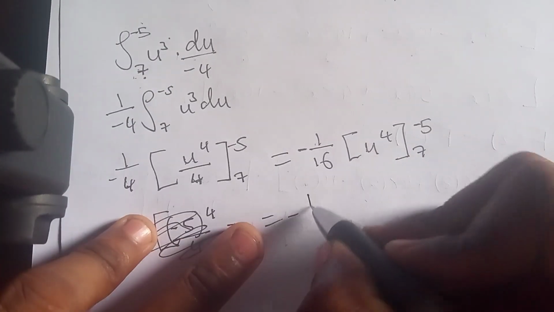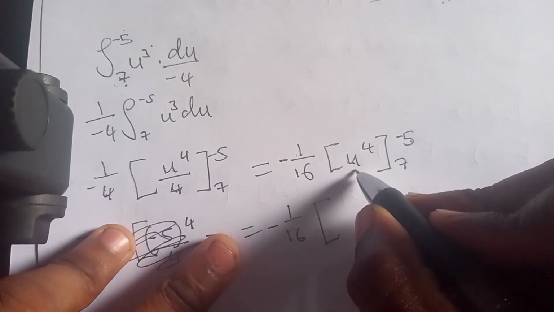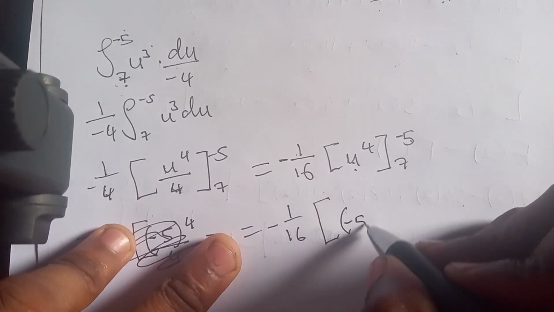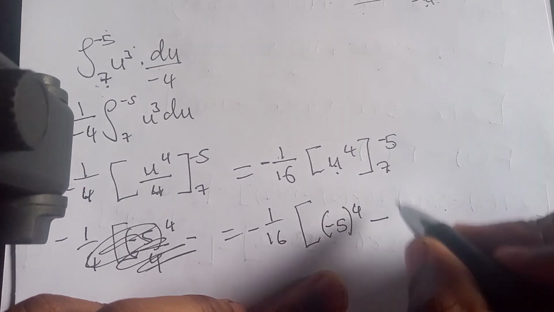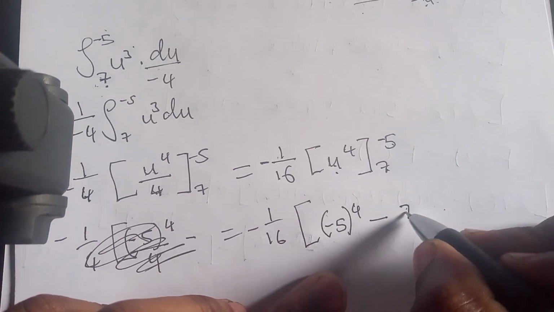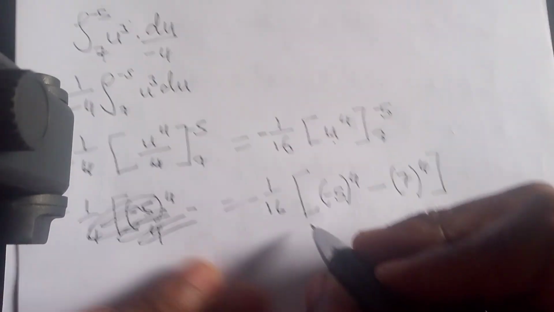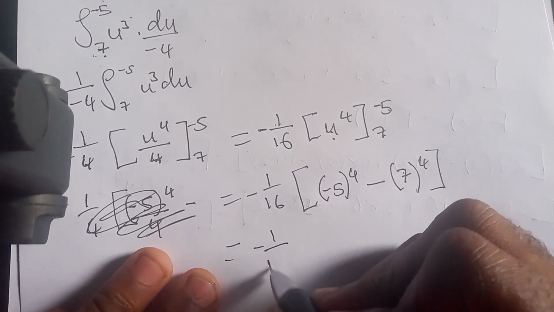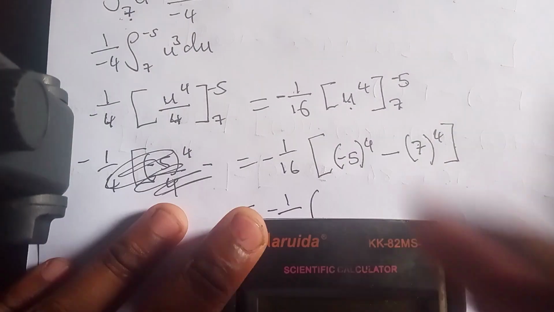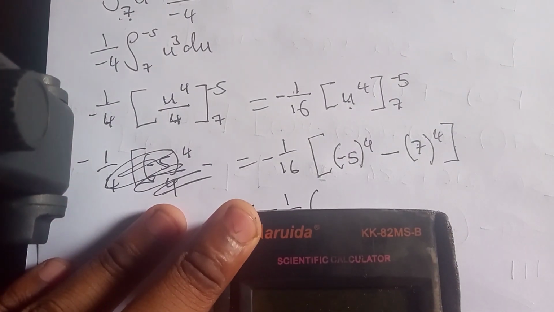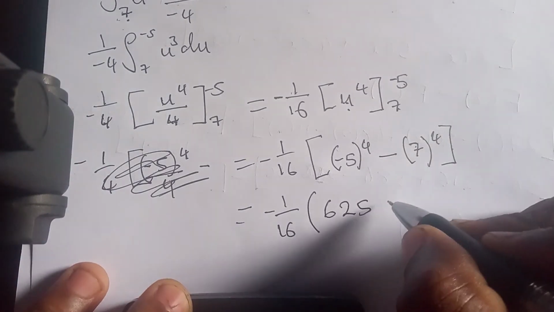And then you can just substitute this. You have negative 5 to the power 4 minus this one here, 7 to the power 4. And then using my calculator, I know that this will be a positive number. So 5 to the power 4 is 625.